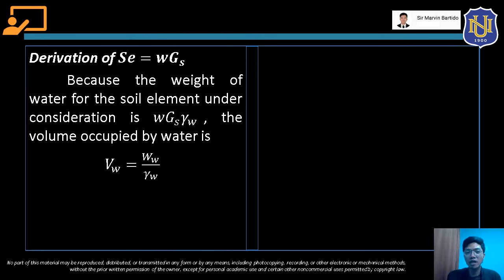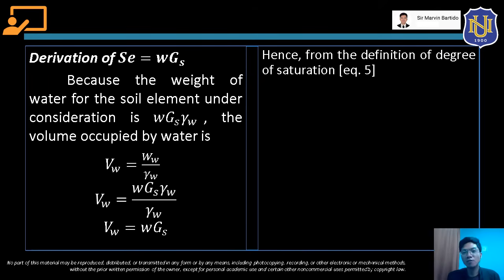So kung yung kukunin natin is yung volume ng water, so yun ay magiging equal sa weight ng water over gamma ng water. Tama? So from here class, yung weight ng water na to, pwede nating palitan ito. So ito ay magiging W times GS times gamma W over gamma W. So ito class, makakancel lang na yung gamma W. So therefore, yung volume class ng water, yan class ay equal sa water content times specific gravity.